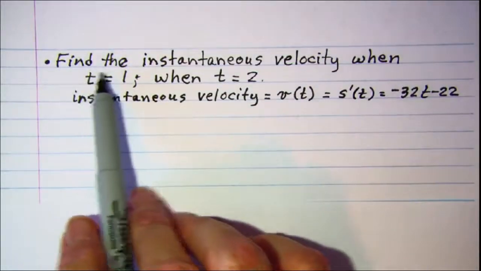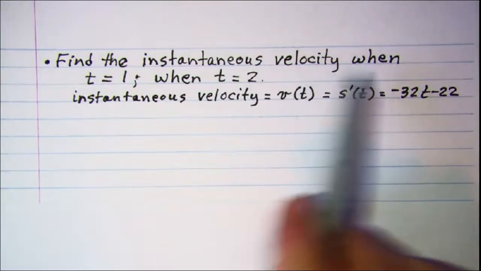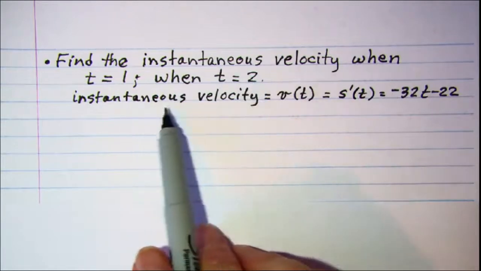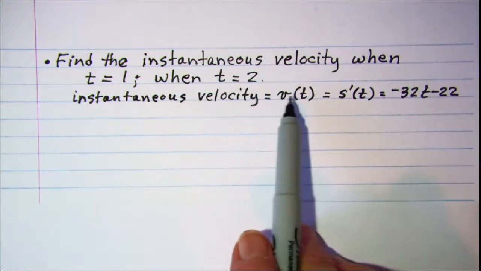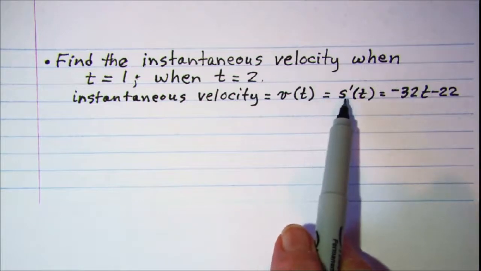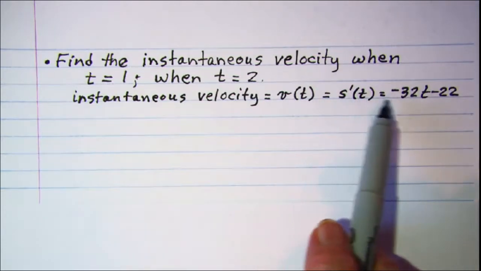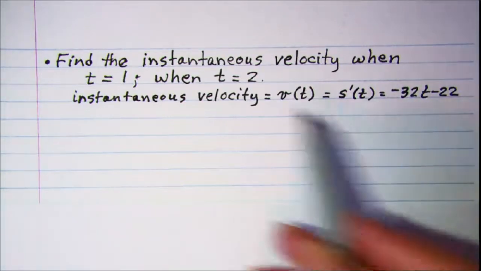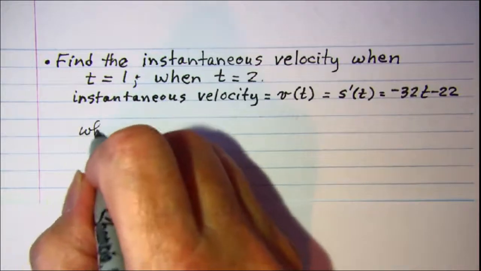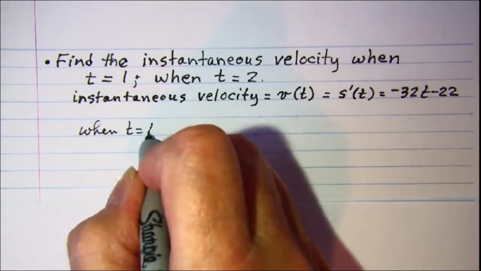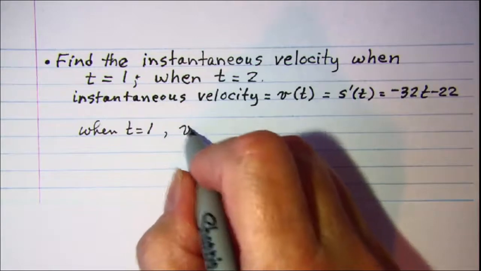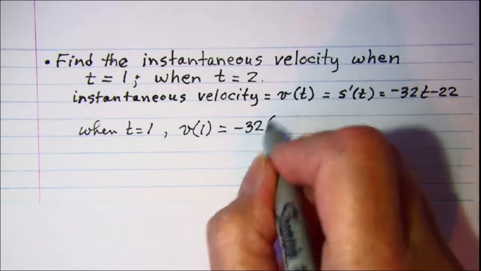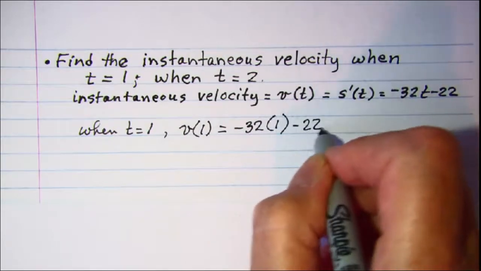Our next question, we're asked to find the instantaneous velocity when t equals 1 and when t equals 2. Remember that instantaneous velocity is the derivative of the position function, and we found that to be a negative 32t minus 22. So when t equals 1, we have v of 1 equal to a negative 32 times 1 minus 22.